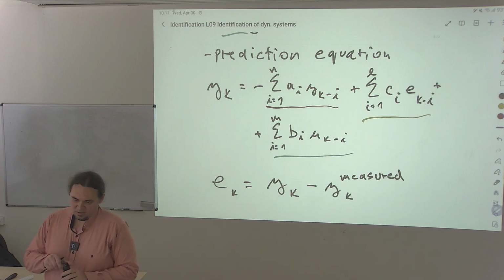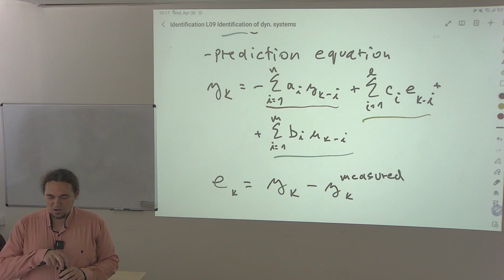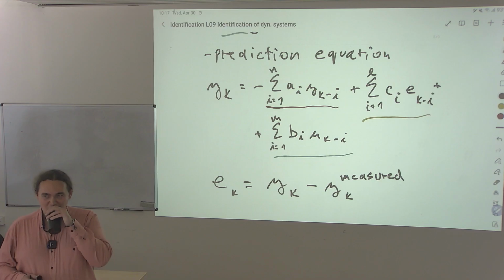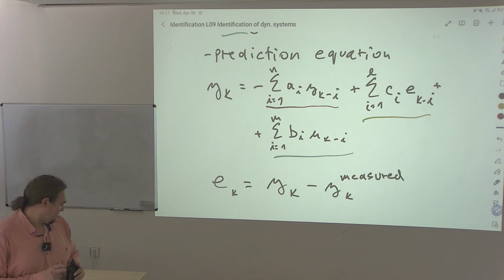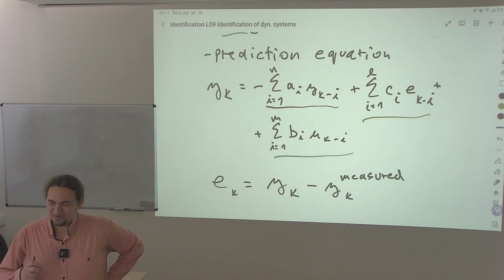Why do you think this model could be helpful, or what kind of application would it have? Not an easy question, so don't worry if you haven't heard about this.